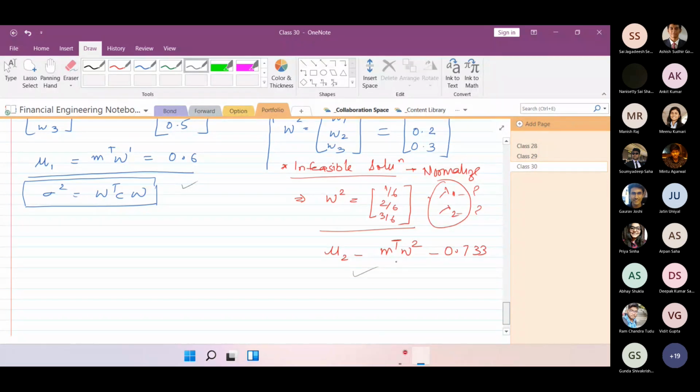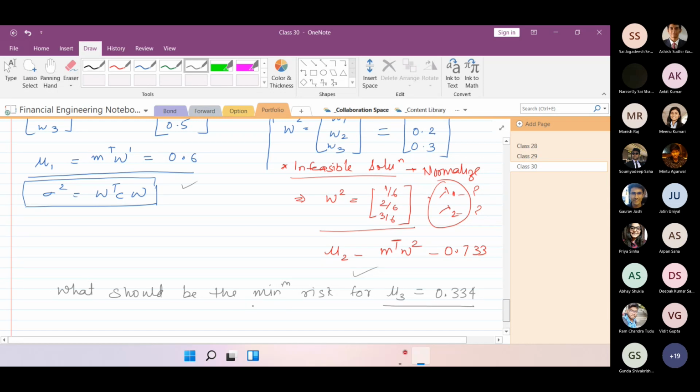So now suppose we try to find out, using the theorem, what should be the minimum risk for, I'm calling it mu3, which is equal to 0.334. Let's say that.